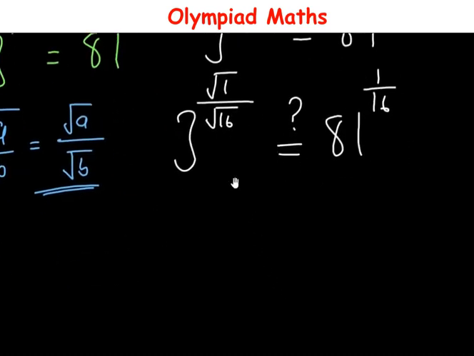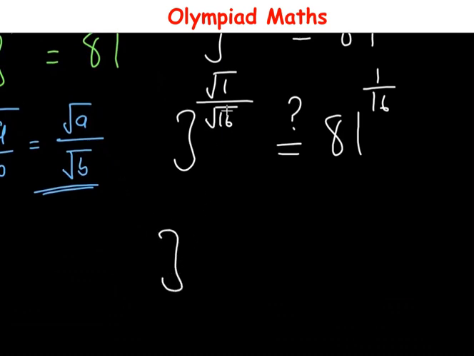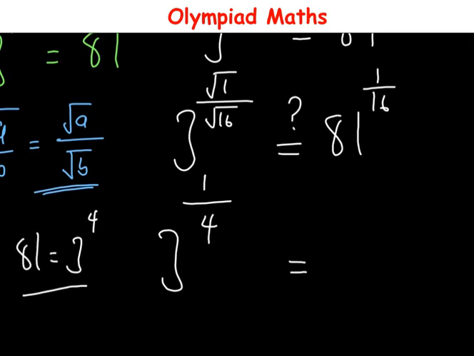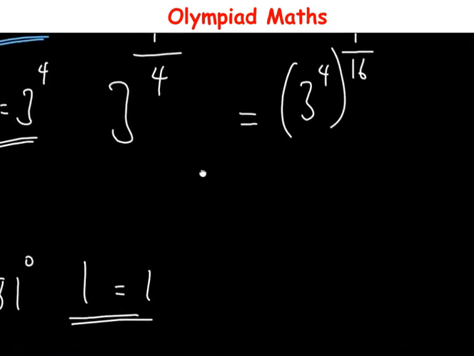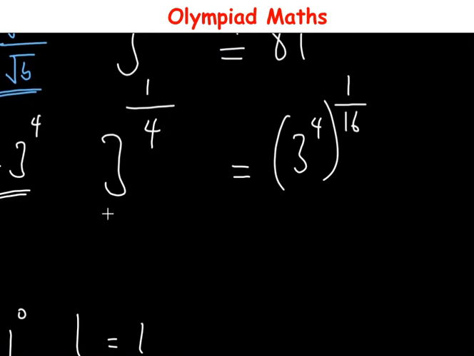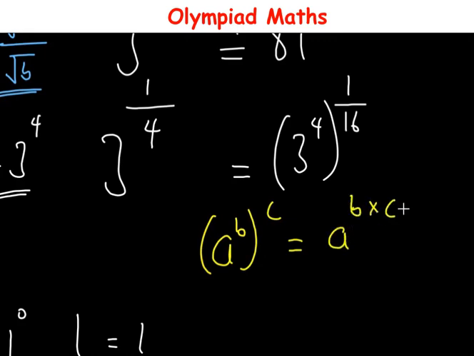So from here, 3 raised to power root 1 is 1 over root 16 is 4. With this equal, 81 can be written as 3 raised to power 4. So writing this down, instead of 81, we have in brackets 3 raised to power 4 all raised to power 1 over 16. From here, following this rule of indices, that if you have a raised to power b all raised to power c, this equals a raised to power b times c.